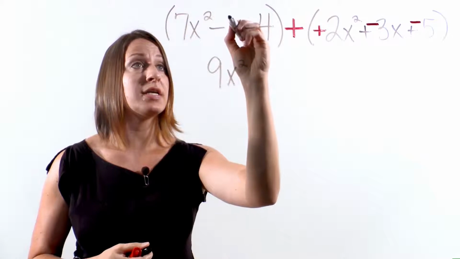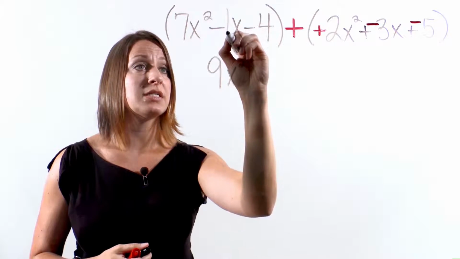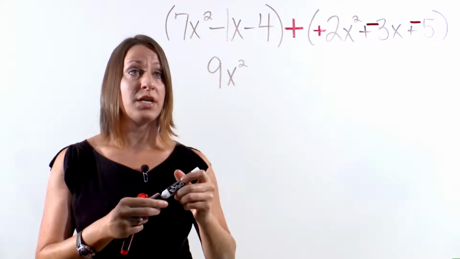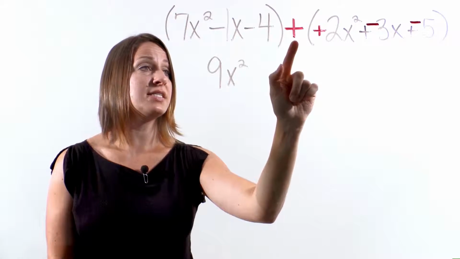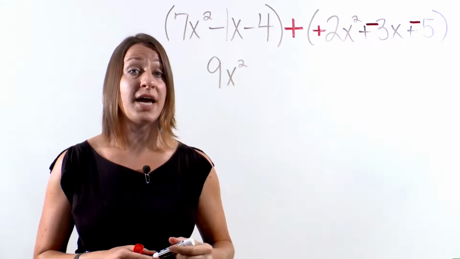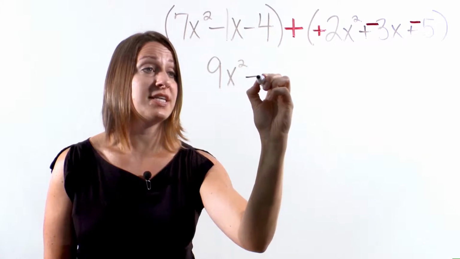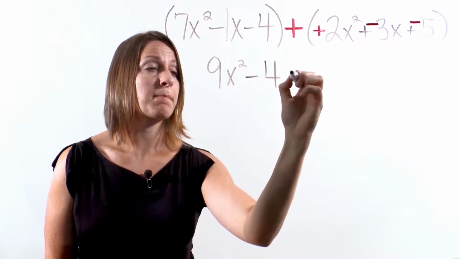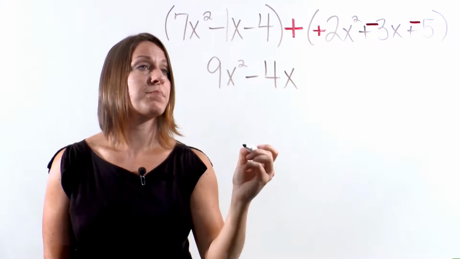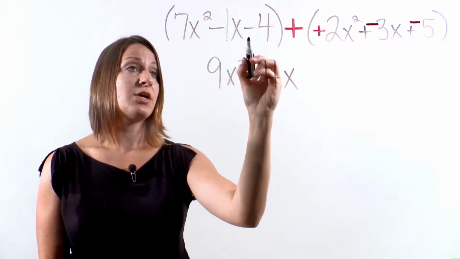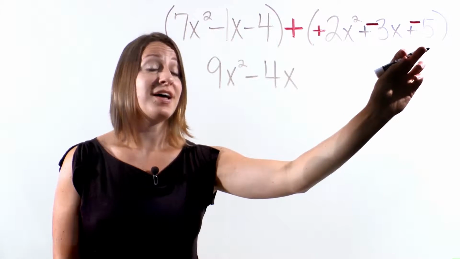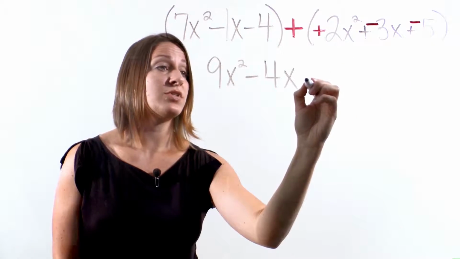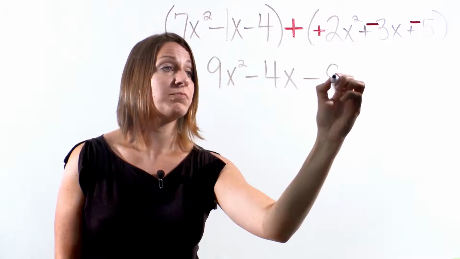Remember, there's a 1 coefficient if you don't see a number there. This is a negative 1x plus negative 3x, which makes a negative 4x. And for our constants, we have a negative 4 plus a negative 5, which gives us a negative 9.